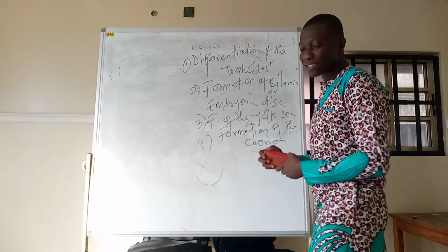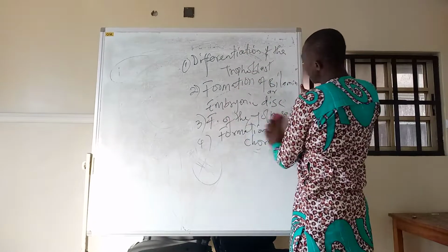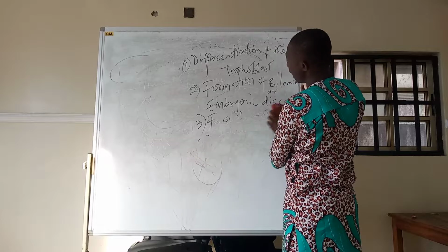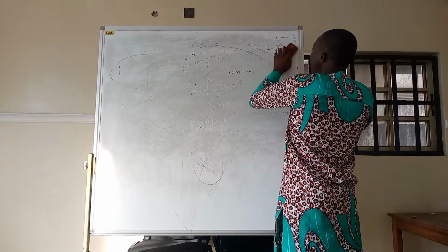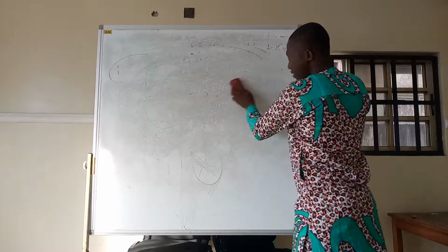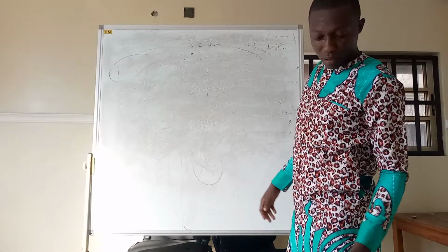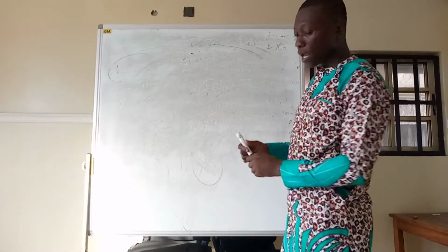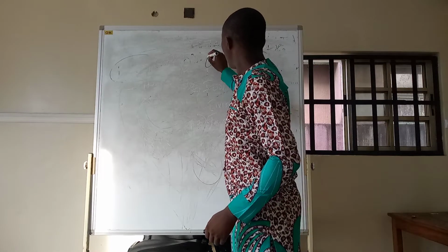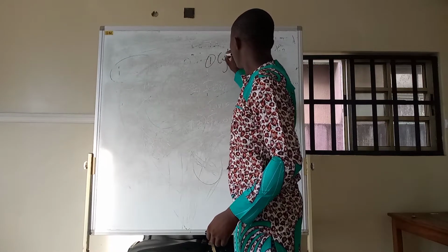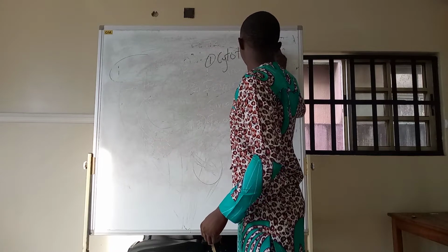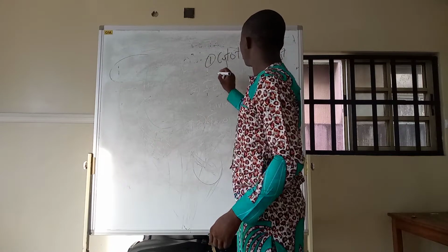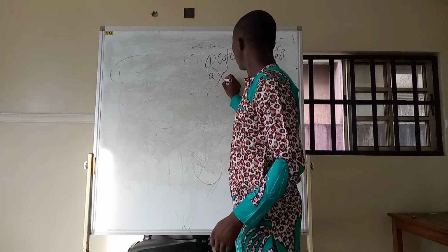So let's write: at day 8, the trophoblast develops into 2 layers, which are number 1, cytotrophoblast, and number 2, syncytiotrophoblast.